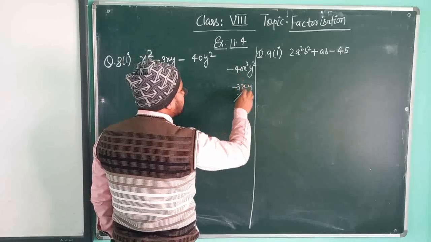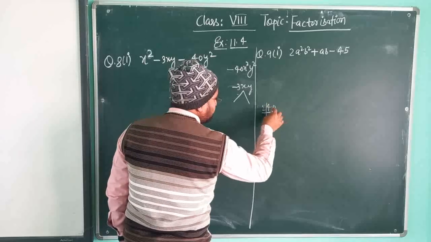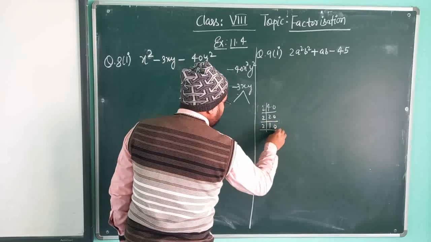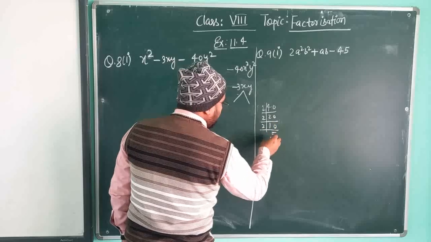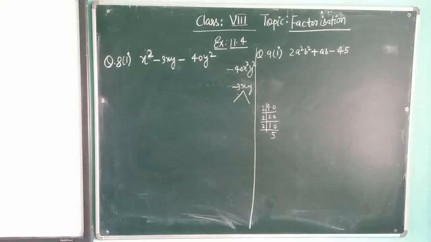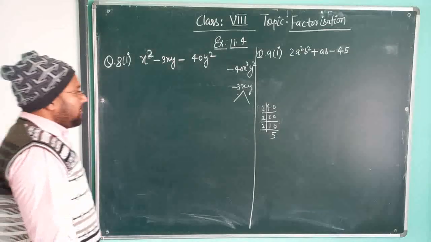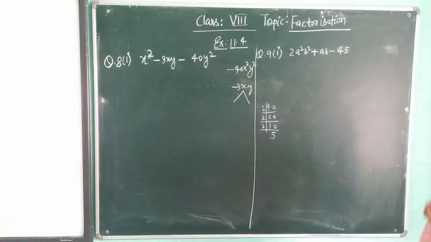Now 40, if you factorize it: 2, 20, then 2, 10, then 2, 5. Our aim is to write this as a product of two numbers.